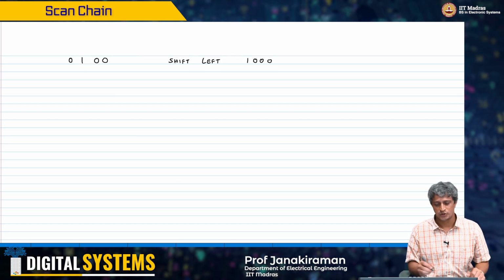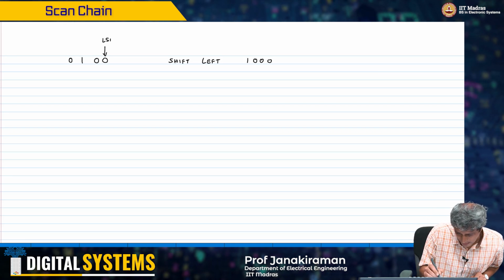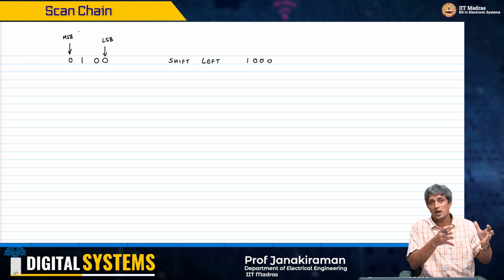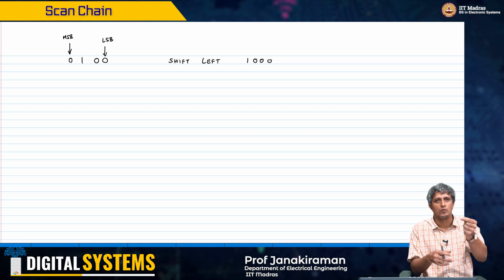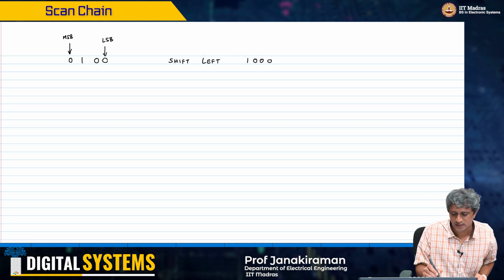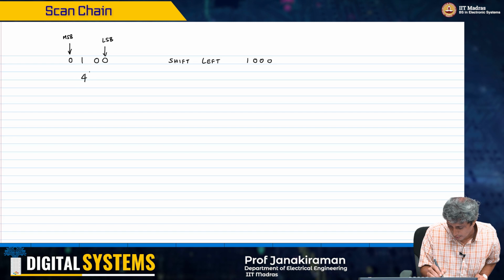This is a decimal number. This is LSB, and this is MSB. That's why even earlier I wrote it as Q3 down to 0: Q3, Q2, Q1, Q0. So LSB is 0, MSB is 0. This is numerically equal to 4 in base 10.